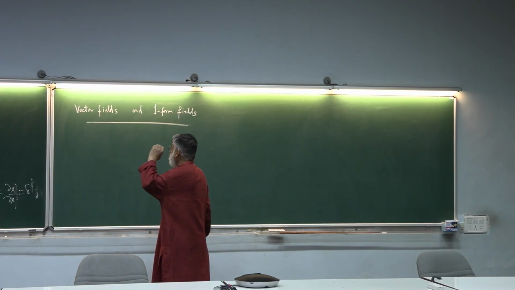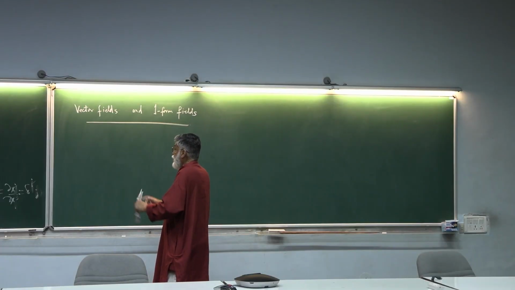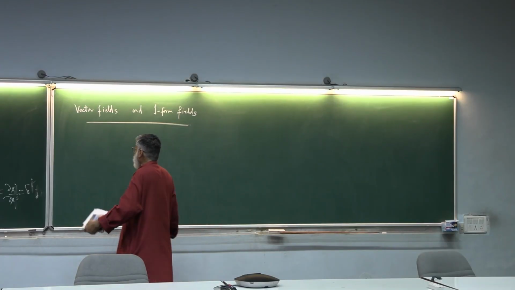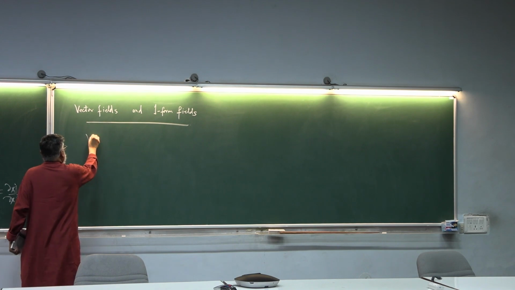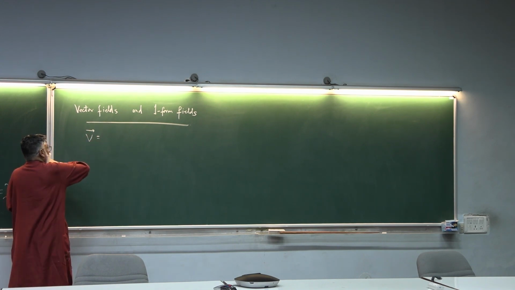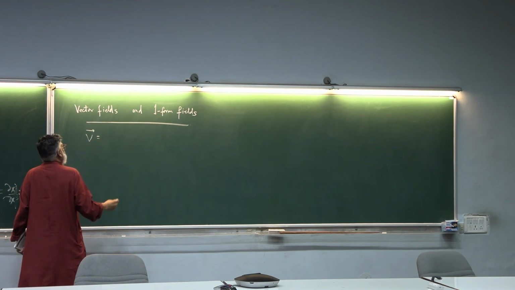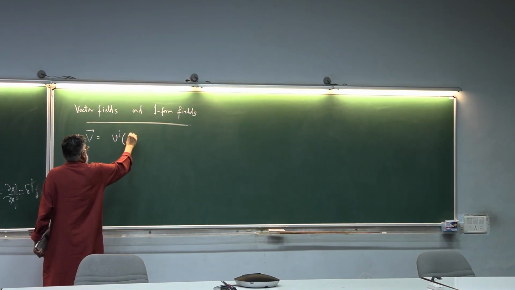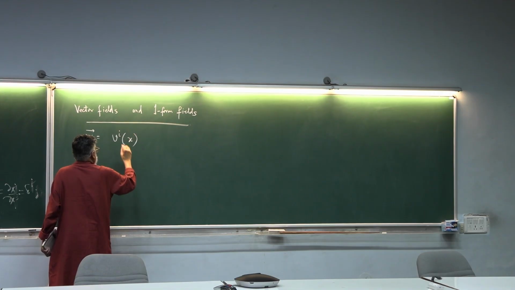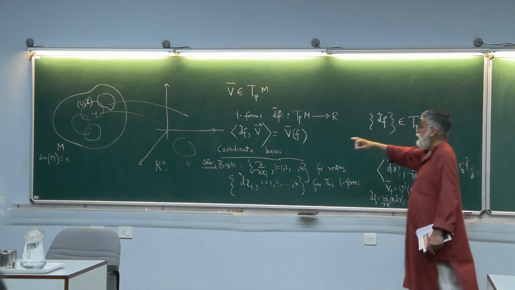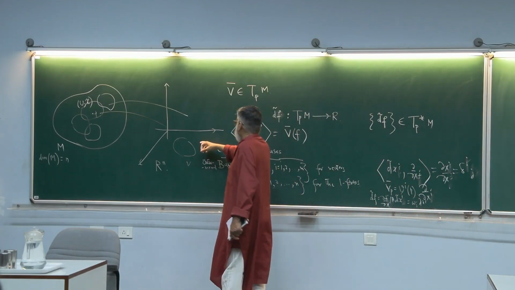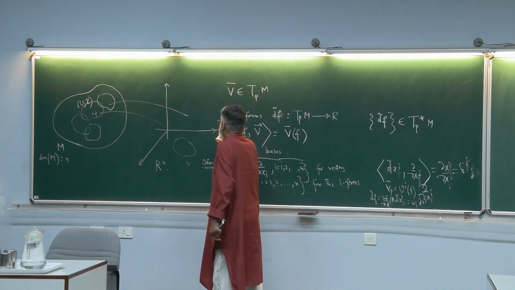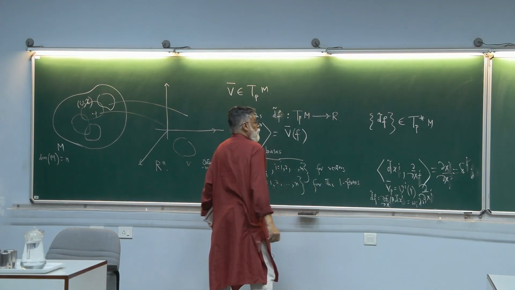Now when we say vector fields, what we mean is that V is now defined over all points of the manifold. So in other words, it can be written as V of x, where the x's are the coordinates. By virtue of the homeomorphism, we know these are the coordinates of the points.